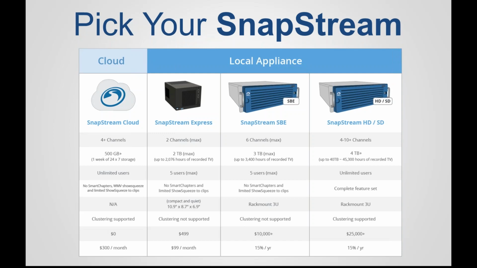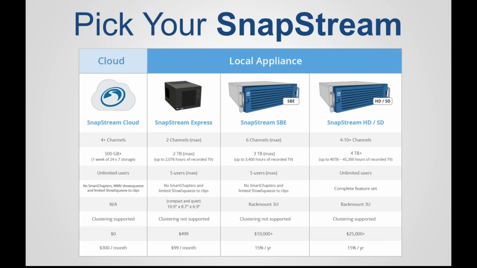We also have other configurations that have 6, 8, or 10 channels, but the base package is 4 channels. You get 500 gigabytes of storage on the cloud, which is about a week's worth of archive on the cloud. You get unlimited users, and it's $300 per month, and there's no upfront cost.